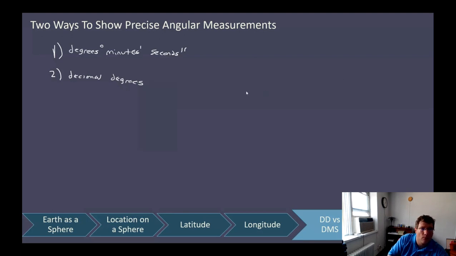So why do we even need these precise angular measurements? Let's imagine for a second, we'll talk about latitude, this is 0 degrees north, and this is 90 degrees north.